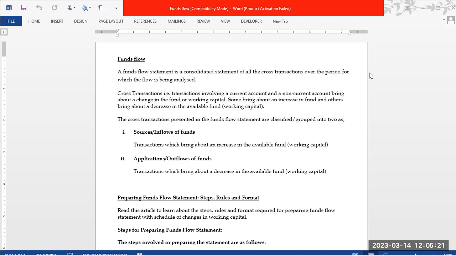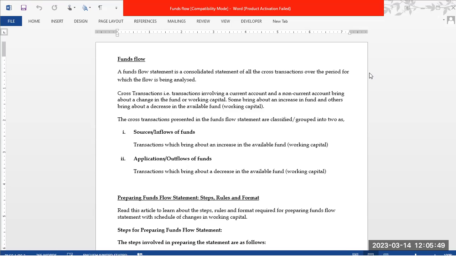We find that a fund flow statement is a consolidated statement of all the cross transactions over the period in which the flow is being analyzed. So what does cross transaction mean? A cross transaction involves a current account and a non-current account, and brings about a change in the fund or working capital.